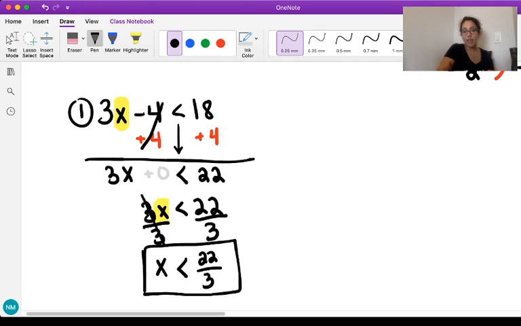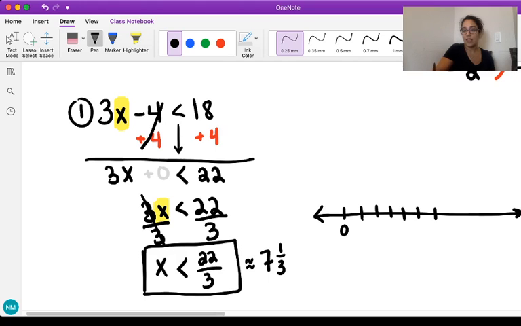Now, I want to know what that is approximately. What is 22 over 3? Well, I know 21 over 3 is 7, so it's 7 1/3. So when I graph it on a number line, I have 0, 1, 2, 3, 4, 5, 6, 7, 8, 9, 10.